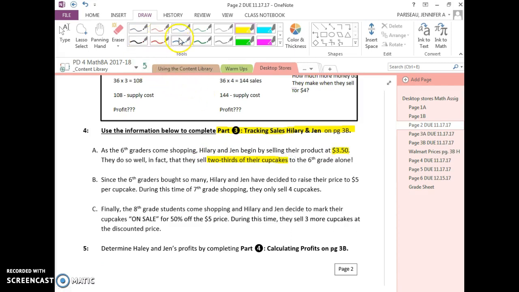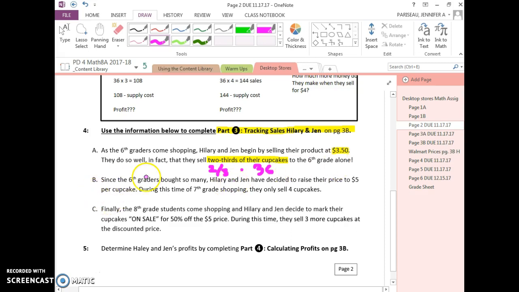Again, remember, 2/3 of means to multiply. How many cupcakes did they have? How many jars? They had 36. So find 2/3 of 36 and record that in the chart.